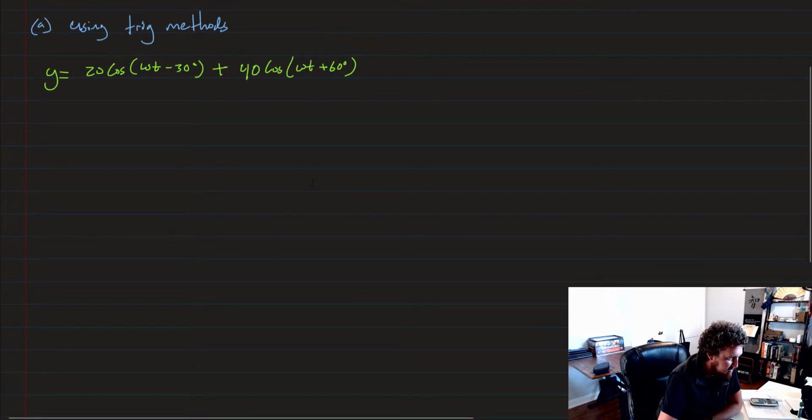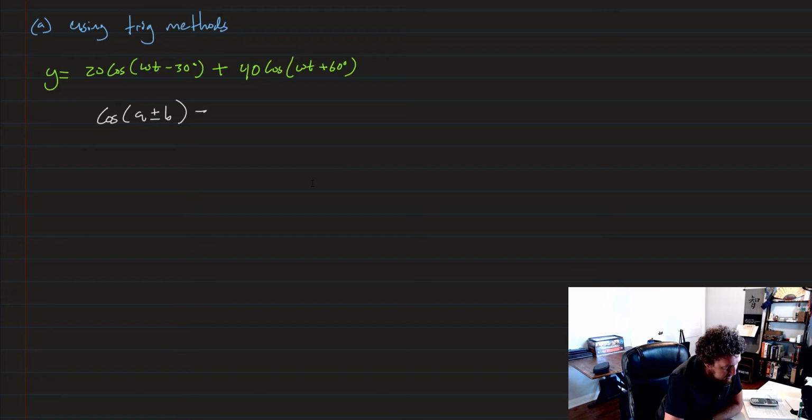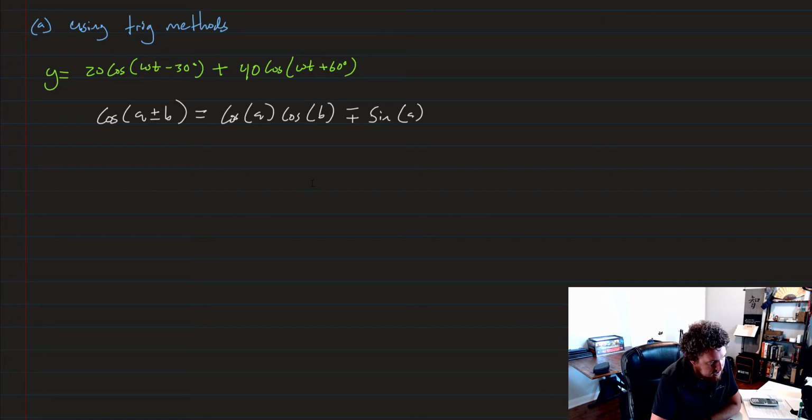Now the first thing we have to do is take advantage of this trig identity, which says that the cosine of a plus or minus b is equal to cosine of a times the cosine of b, minus plus, so it flips the sign over, the sine of a times the sine of b.